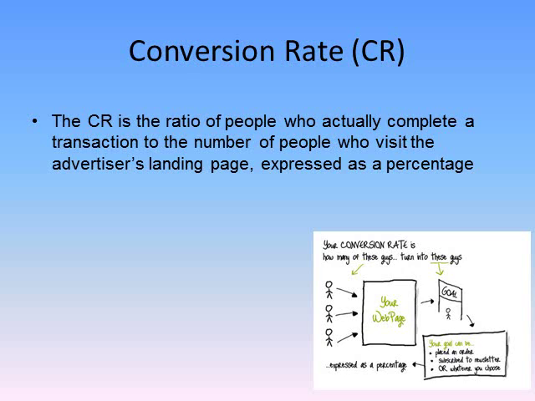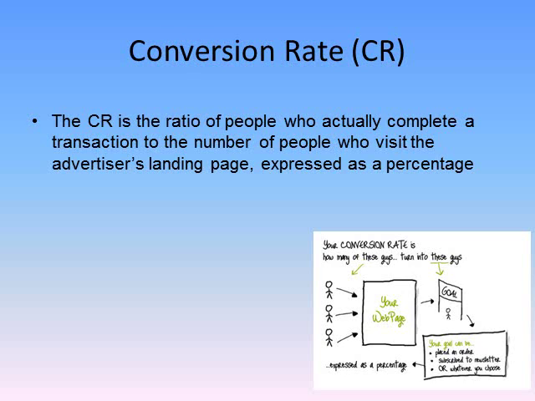So we have an ad, a certain percentage click on that ad, they come to your landing page. The conversion rate is answering the question: what percentage of those who came to your website or to your landing page as a result of the ad actually made a purchase, actually completed the transaction you wanted them to complete.